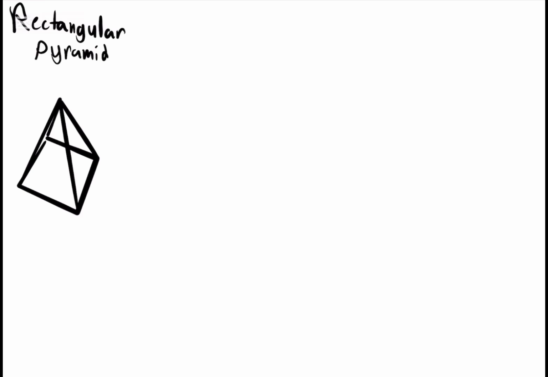Now we'll be discussing how to find the volume and surface area of a rectangular prism. So, our length is 7, our width is 6, and our height is 5.